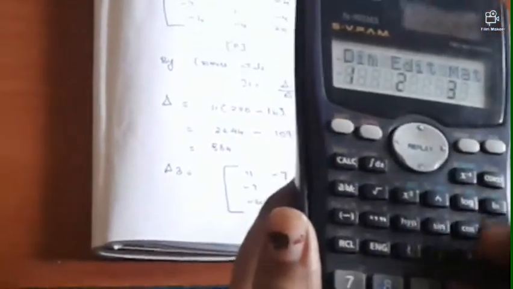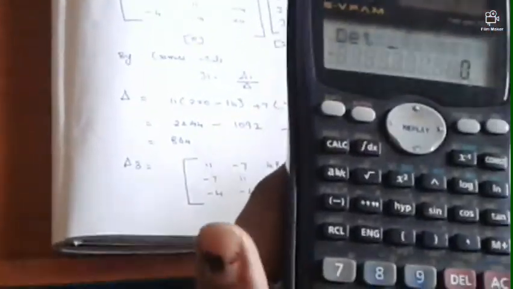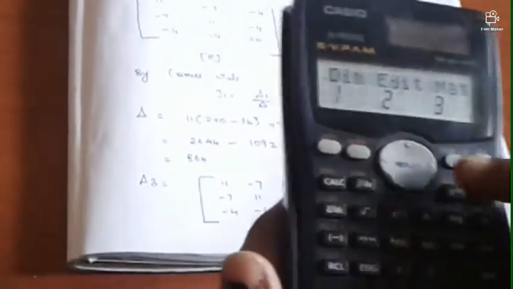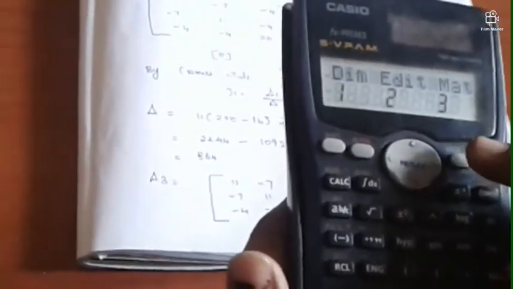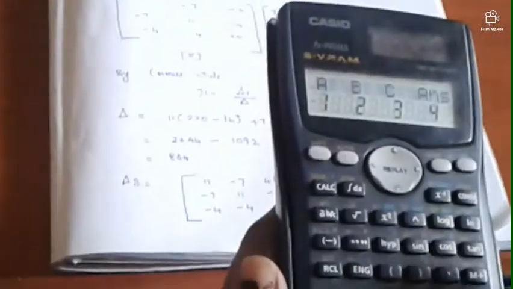This time press the arrow and choose Determinant, and again press Shift 4, and now choose the matrix, Mat 3, because we want the determinant of matrix A.